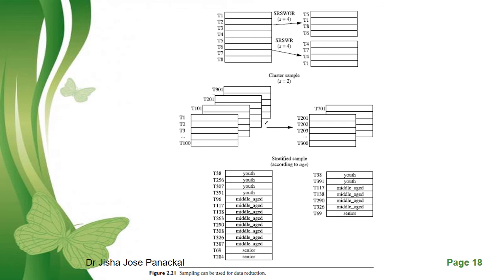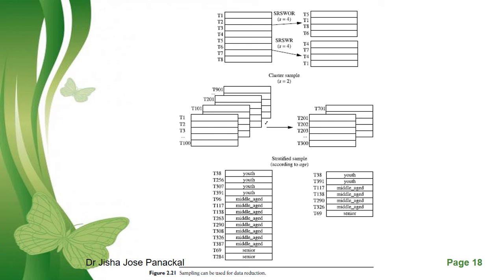That is, we have 4 samples here, and we are choosing only 2. And we have 8 samples of middle-aged, so we are selecting 4. That is half of those values are selected as the sample. And senior we have only 2, so we are selecting only 1. So this can be done. Any method can be used for the sampling. These are some examples for doing sampling. So this sampling is used for data reduction.